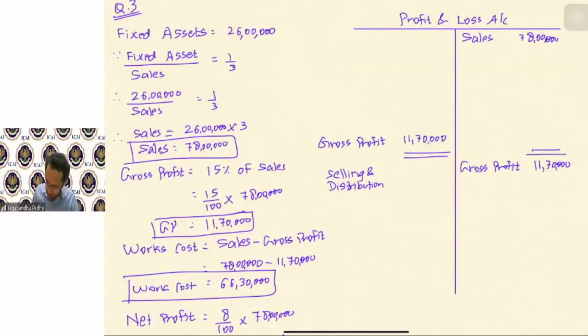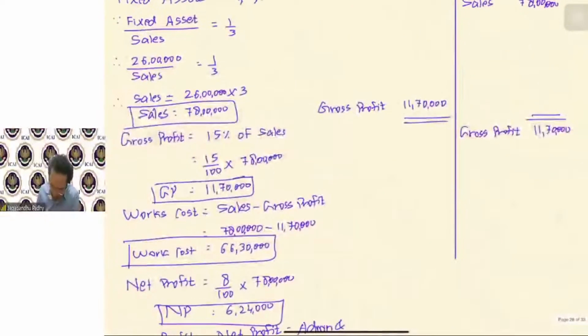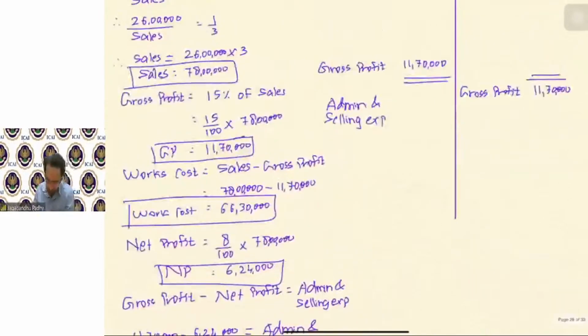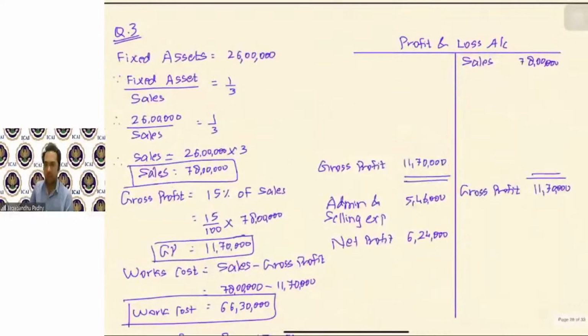We have computed it as 5 lakh 46,000, or admin and selling expenses. And then we get the net profit figure. Net profit is 6 lakh 24,000. By sales, we have 78 lakhs.